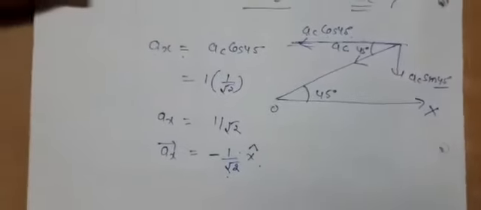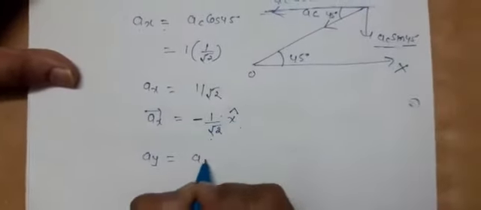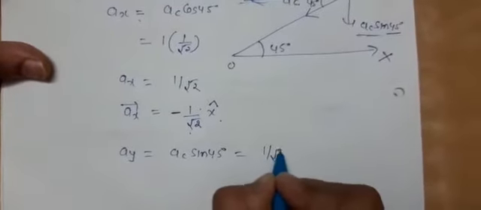ठीक है. सिमिलरली इफ वी विल कैलकुलेट दिस, AY will be AC sin 45 degree. Again it will be 1 by root 2.